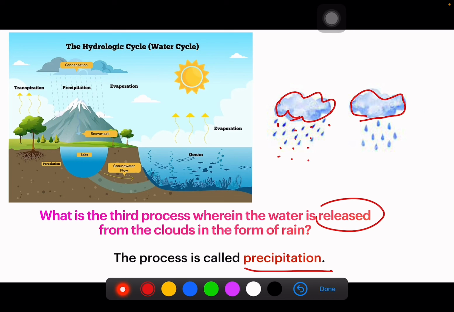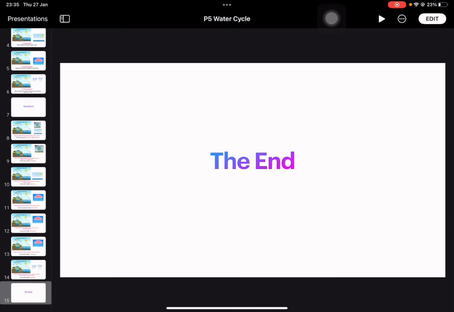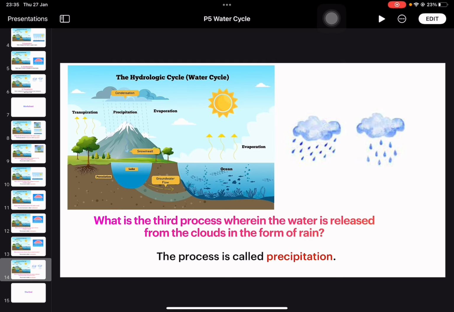So it will come down again to the ground in the form of rain. So this is the third process in the water cycle. It is in the form of rain, freezing rain, snow, sleet, or hailstone.